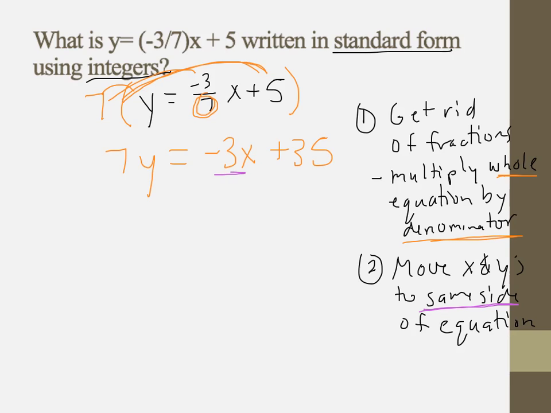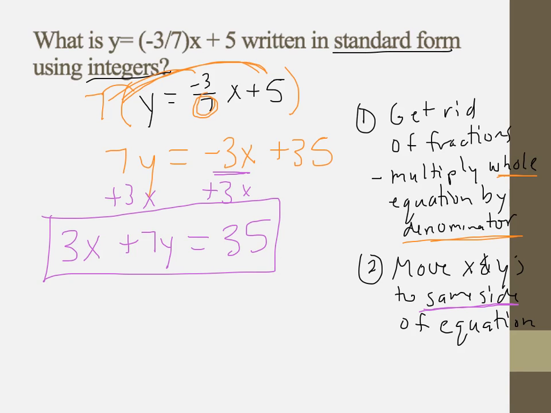So I want to move this x over, so plus 3x on both sides. And when you write it in standard form, it should be your number times the x plus your number times the y is equal to your number all by itself. And now this would be my final answer written in standard form. A is going to be equal to 3, B is going to equal 7, and C would be equal to 35. That is all for standard form.